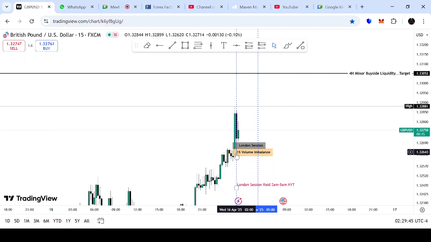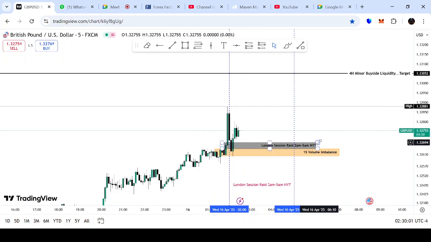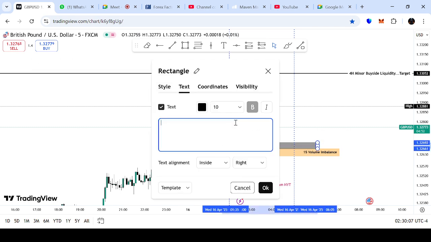And we could see a rejection block there. By what time? By 2 a.m., the starting point. And deliver inside an inefficiency with a volume imbalance. And 5 minutes, we have a fair value gap there. That's CB. Buy side inefficiency, sell side imbalance.